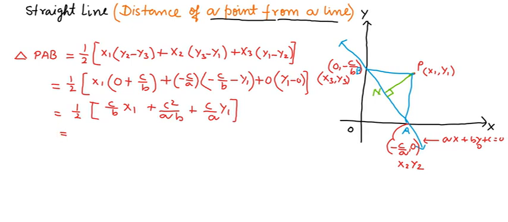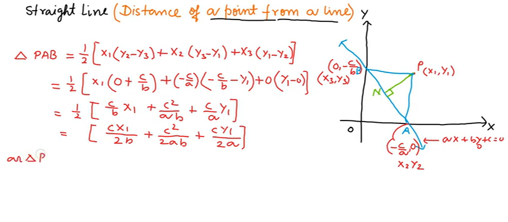Now multiply all the internal terms, then you will have Cx1 upon 2B plus C square upon 2AB plus C y1 upon 2A. So finally, the area of the triangle PAB will be equal to C. Very important technique here.